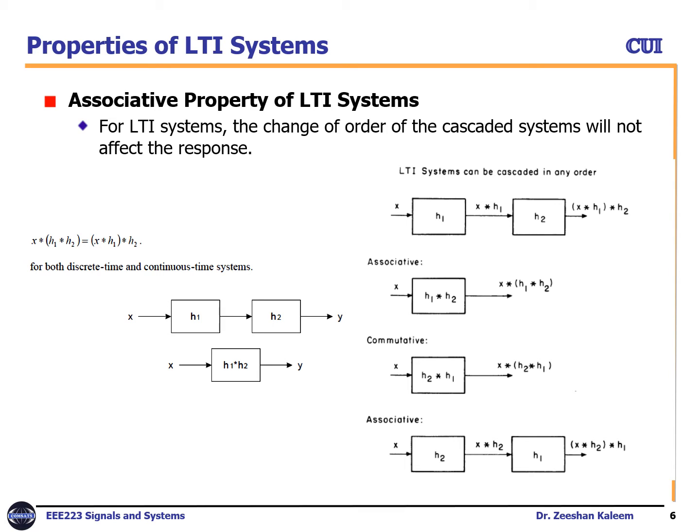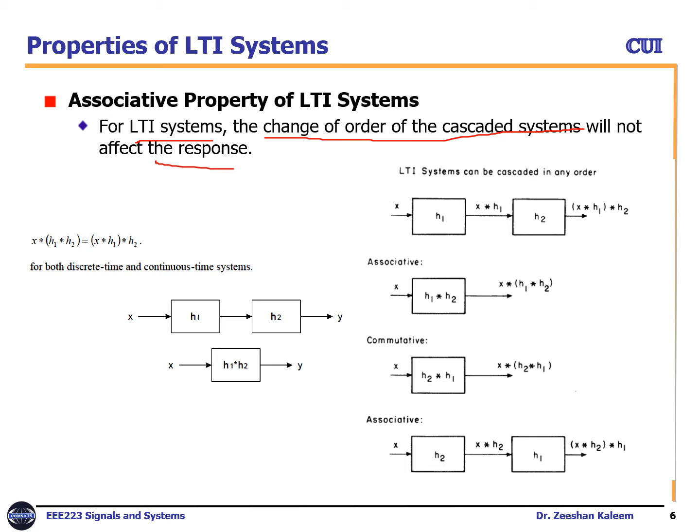The other property is the associative property of LTI systems. As you know the associative property in mathematics, here it is the same thing but for LTI systems. What does it mean? Changing the order of cascaded systems will not affect the response.